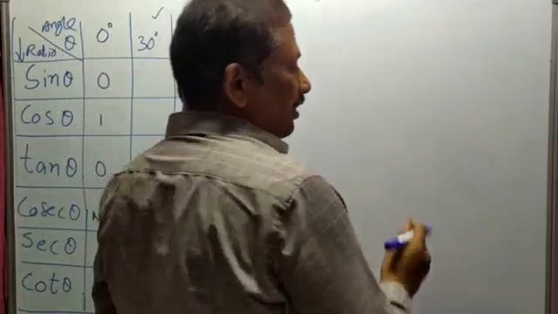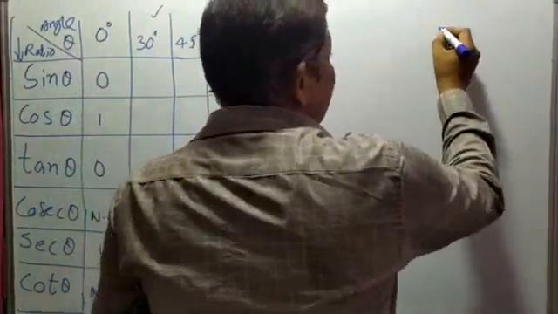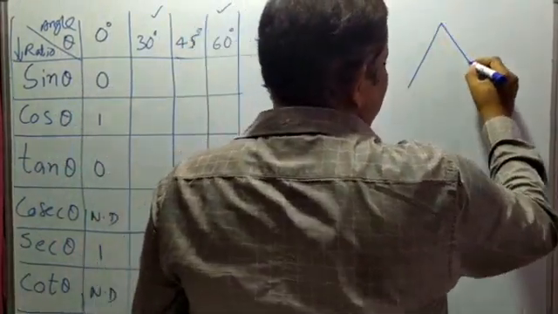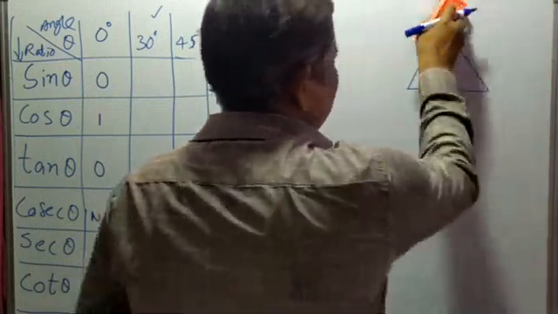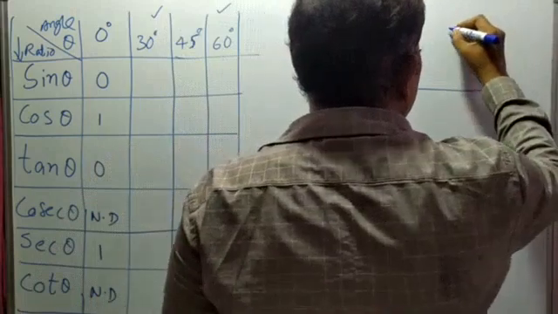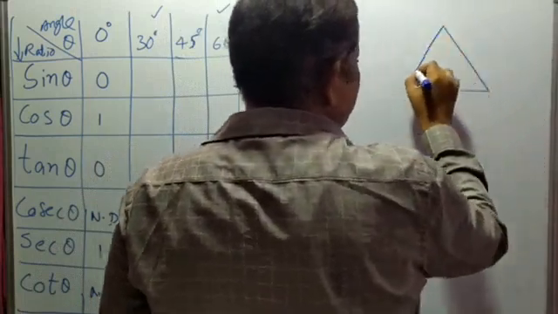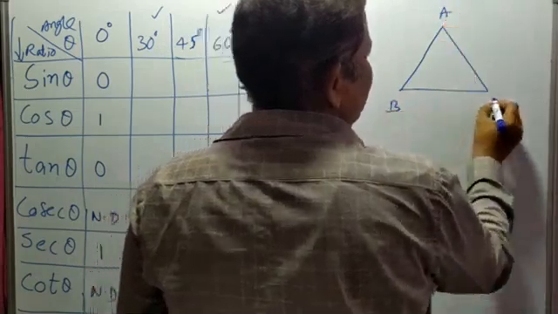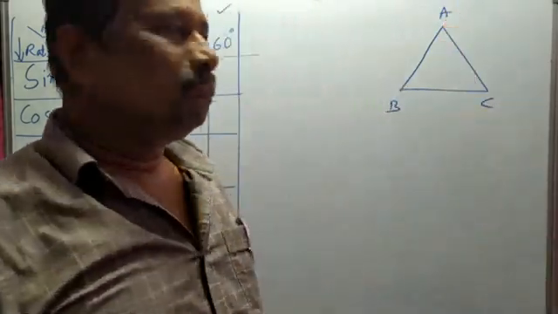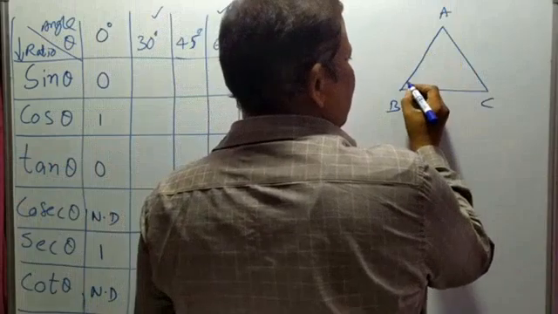So what are the values of the six trigonometric ratios for 30 and 60? For this we will consider an equilateral triangle, which means all sides are equal. Triangle ABC is equilateral. Each angle is 60 degrees.